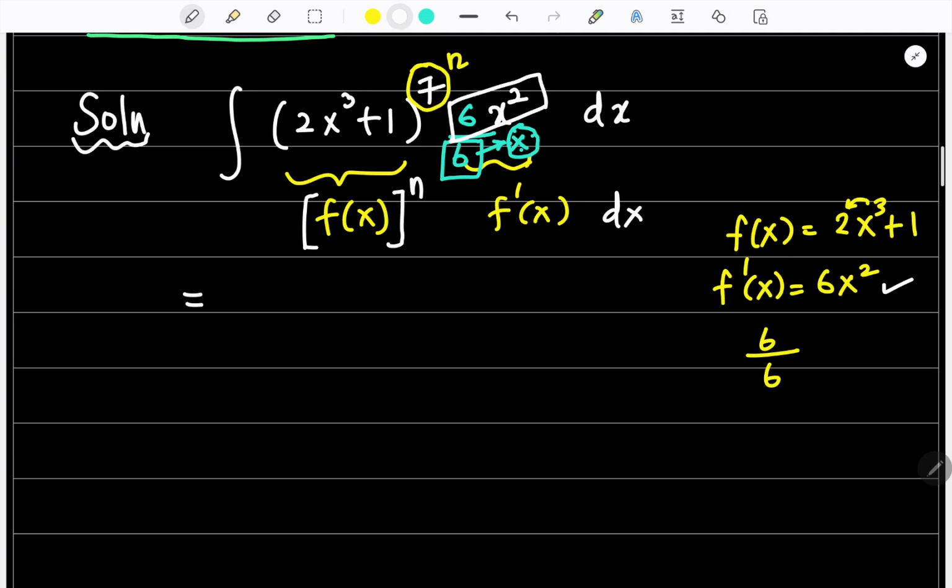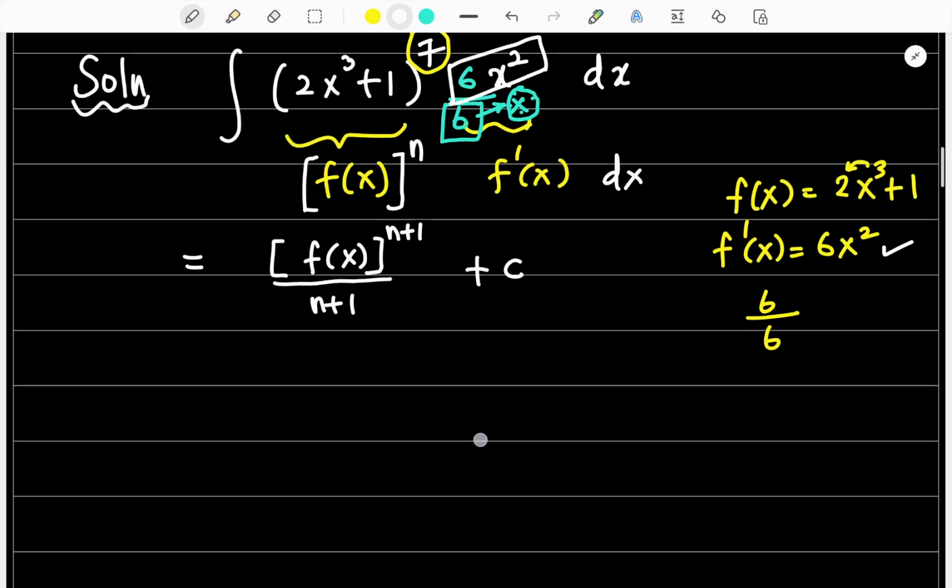So this equals, what is the formula? The formula is f of x to the power of n plus 1 over n plus 1, of course plus integrating constant c. I told you in the last videos also, you can add c in the beginning until your answer continues. Otherwise, in the final answer also, you can add plus c.